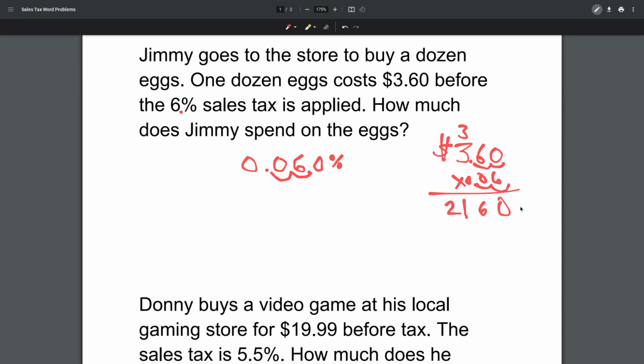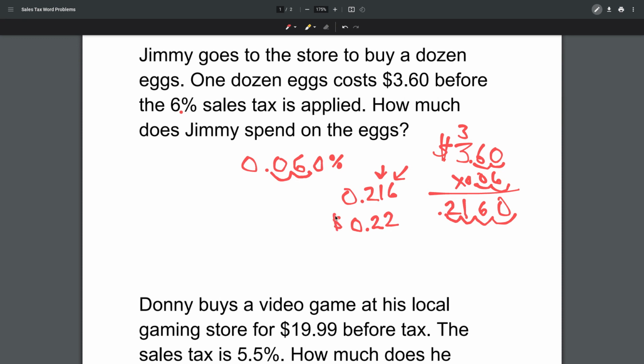So in the solution, you've got to have 4 places to the right. So the actual tax that you spend on the eggs, it's not the solution yet, is 0.216. Now this is money, so we want to round based off the thousandths place, so it's really 22 cents tax.